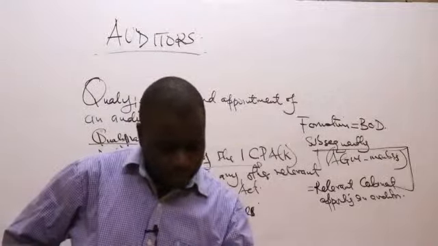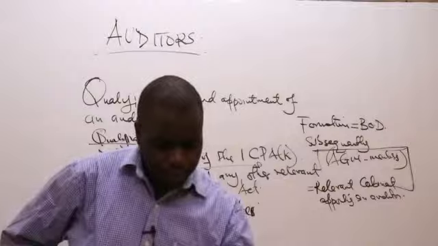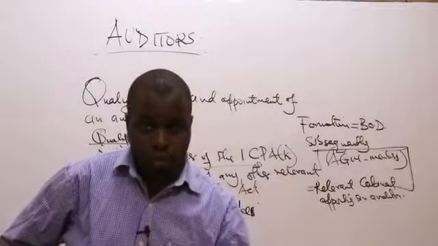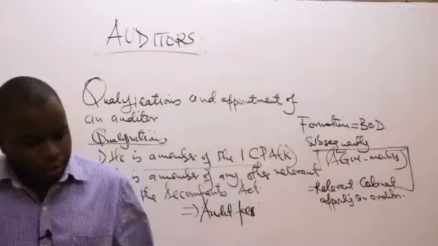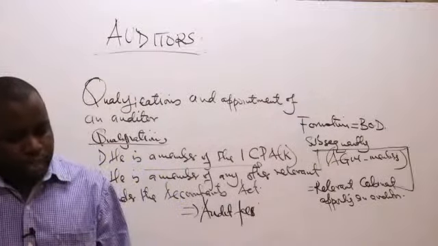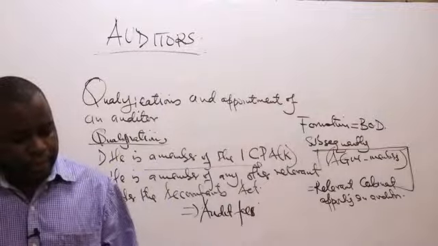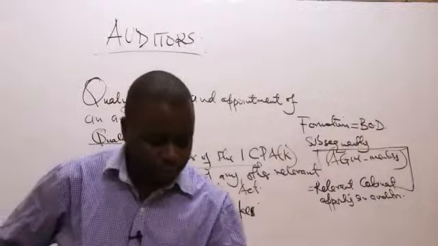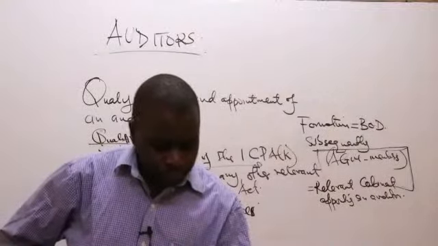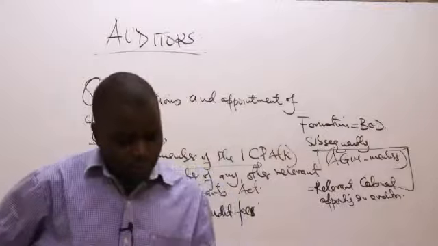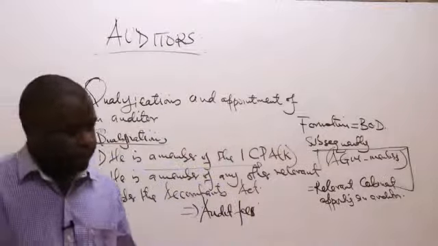It says, summarize 4 rules governing the appointment of the first auditors of a company. Then Roman 2, outline 2 ways in which a company auditor might receive his remuneration. So you can start with the second one, outline 2 ways in which the company auditor might receive his remuneration.